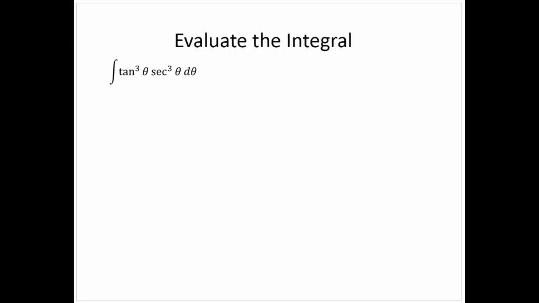Alright, so here's our first example with tangents and secants. Here I'm asked to evaluate the integral of tangent cubed theta times secant cubed theta d theta. Alright, so here's what I notice. I've got this product of tangents and secants, and I notice that the power on tangent is odd.